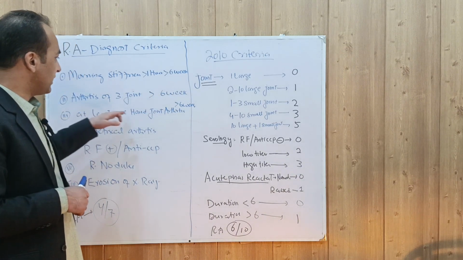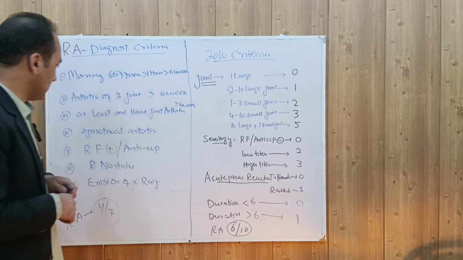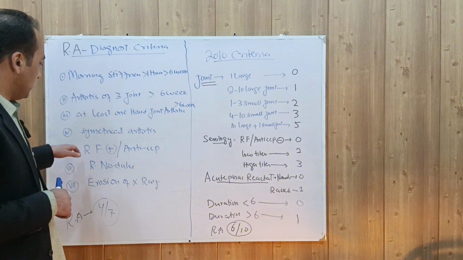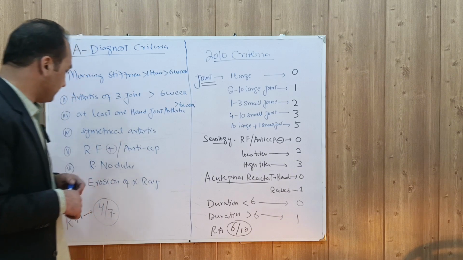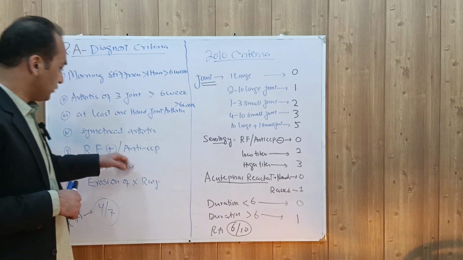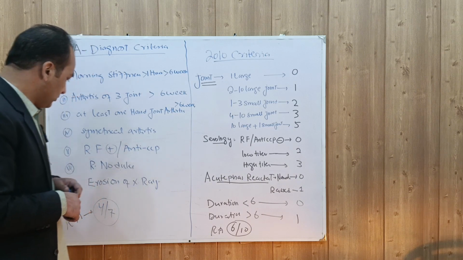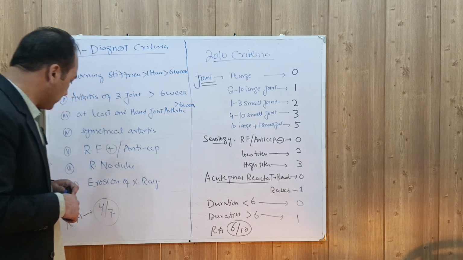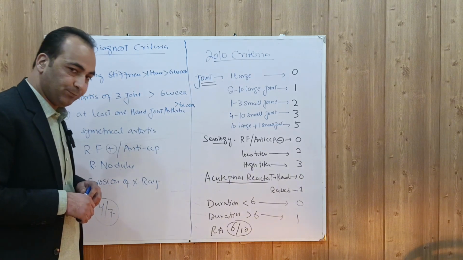At least 1 hand joint arthritis for 6 weeks. Symmetrical arthritis, and rheumatoid factor or anti-CCP positive. Rheumatoid nodule and erosion on X-ray. So if there are 4 out of these 7 components, it makes the diagnosis of rheumatoid arthritis.